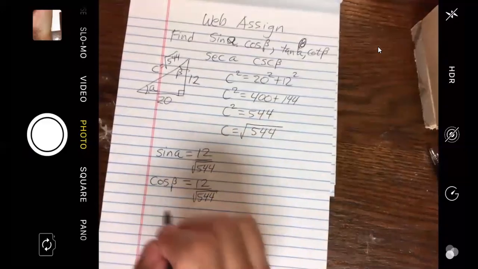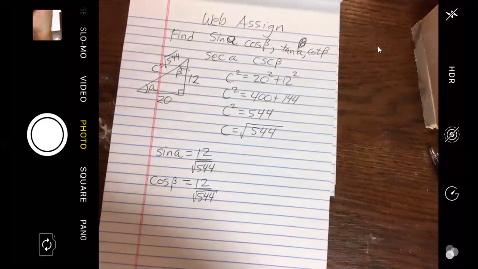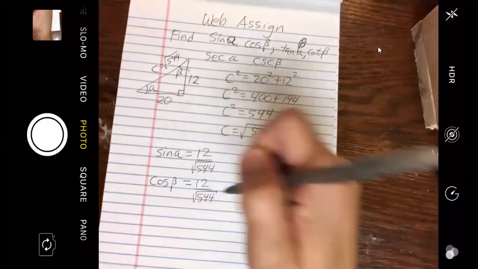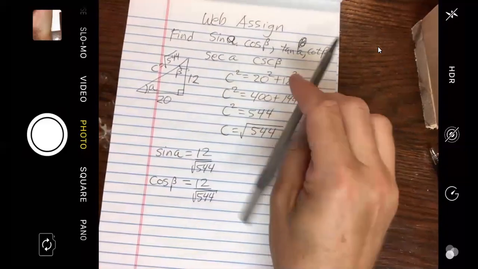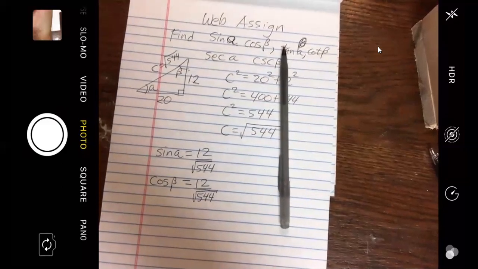In the WebAssign here, it's sectioned off into A, B, and C for the different answer choices. For the first one, it says sine A and cosine B. How would I write that in there? Well, that's a good point. Did the directions say anything about wanting decimal answers to certain places?